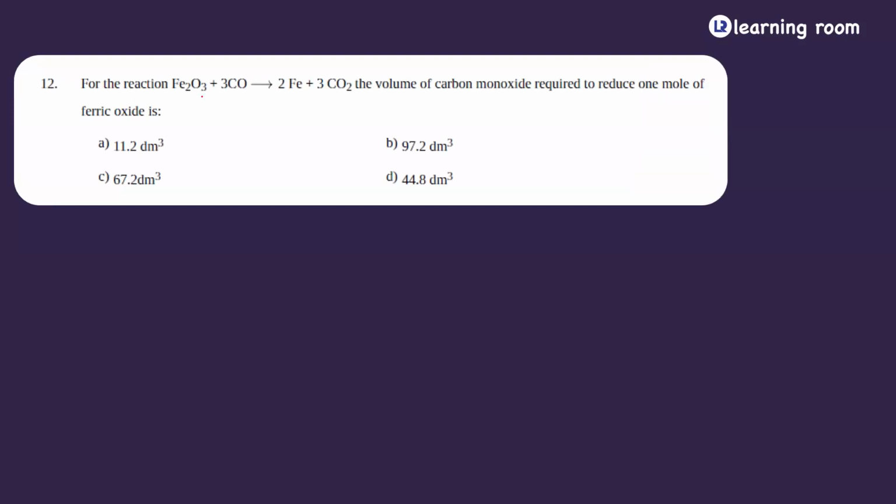Next, for the reaction Fe2O3 plus 3CO gives 2Fe plus 3CO2, the volume of carbon monoxide required to reduce 1 mole of ferric oxide is, this is the question. First I'll write the equation.